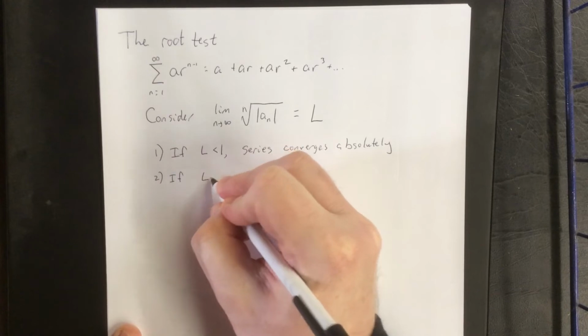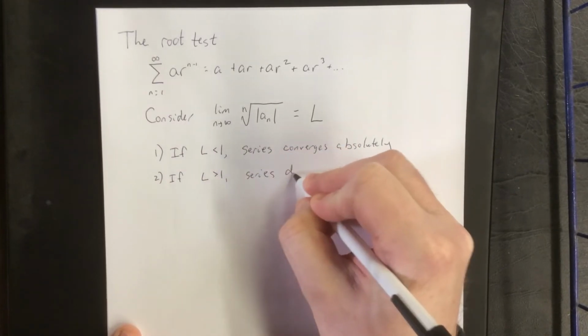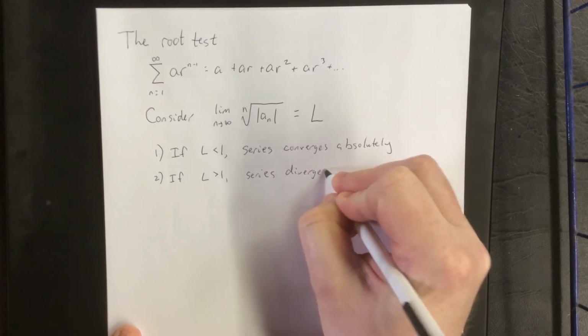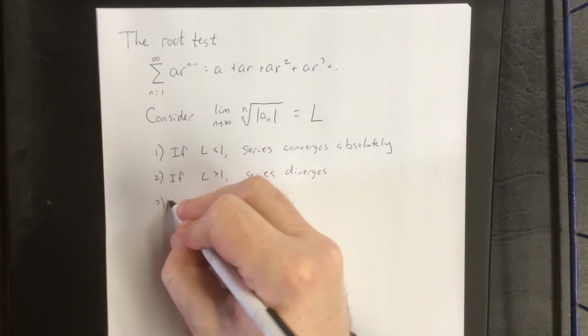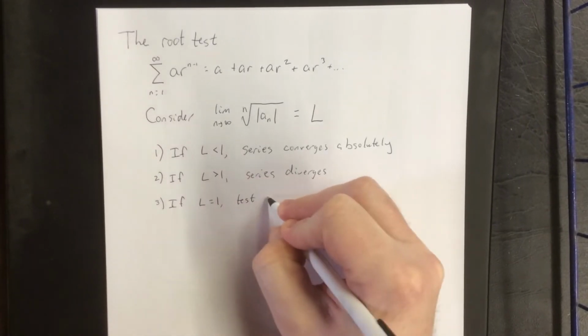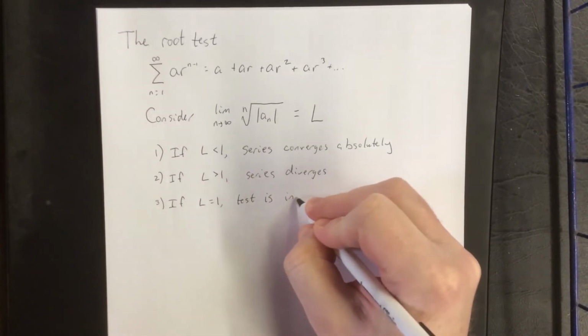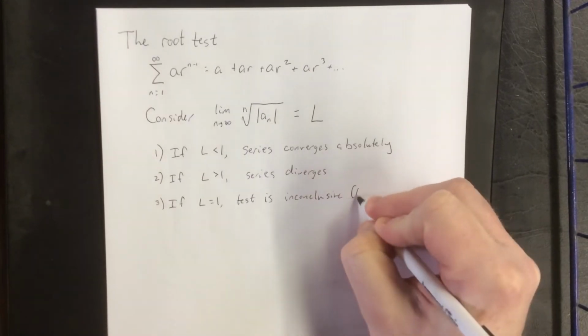Similarly, if L is greater than 1, the series diverges. There's no need to do any additional tests after that. And finally, if L is equal to 1, the test, like the ratio test, is inconclusive, and you'll need to try something else.